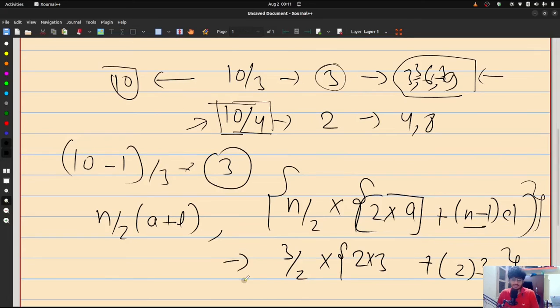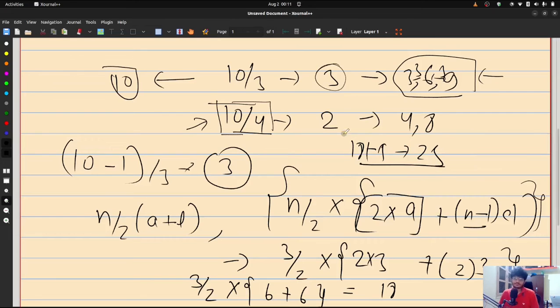If you calculate this, we are going to get 3 by 2 multiplied by (6 plus 6), and what we get is 18. Similarly, we are going to use this formula for 5 also, and we are going to get 18 plus 5. So our answer is 23.